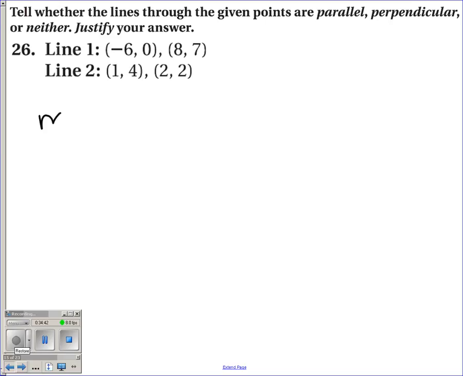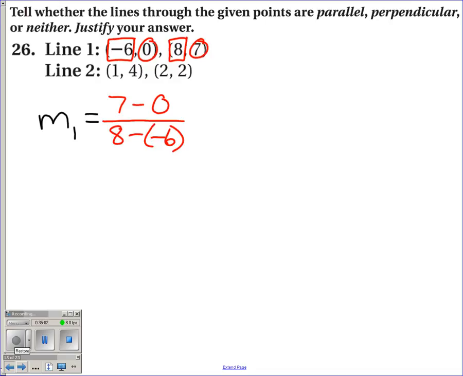So I'm going to find the slope of line 1, which is going to be 7 minus 0, that's y2 minus y1, divided by 8 minus a negative 6.